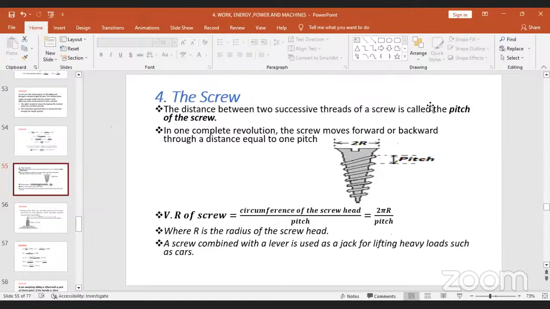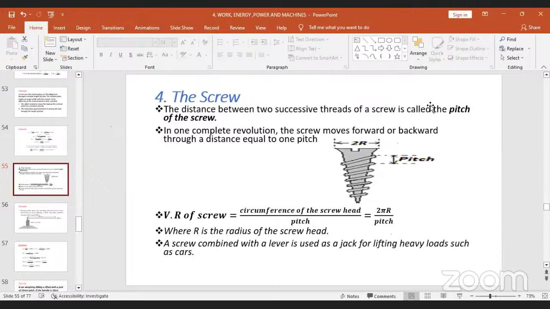The distance between two successive threads of a screw is called the pitch. And on the diagram, it's shown clearly what the pitch is. Mechanical advantage remains the same, load over effort. Velocity ratio is the distance moved by the effort over the distance moved by the load.